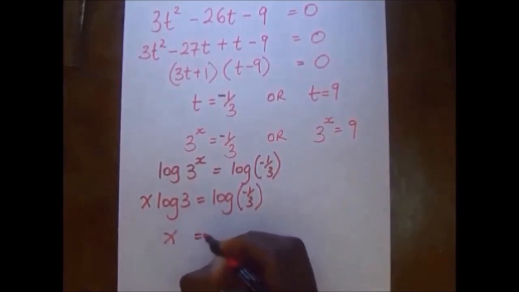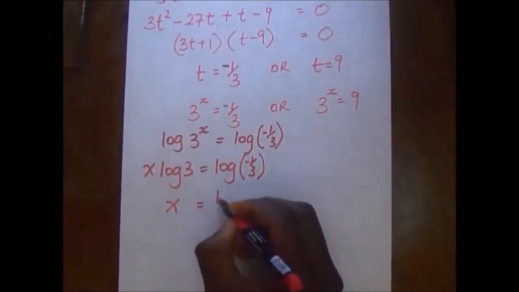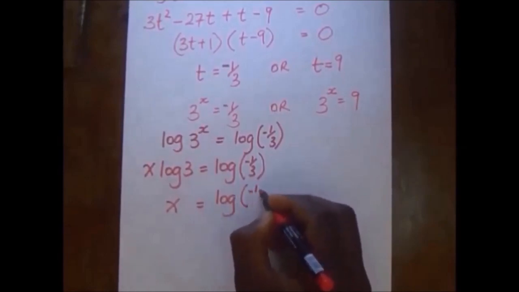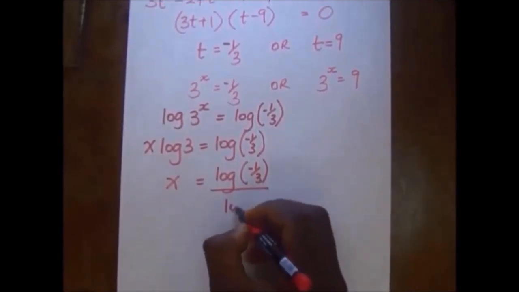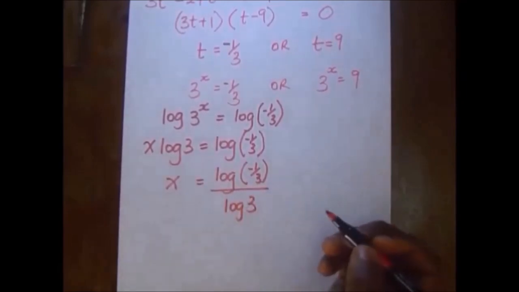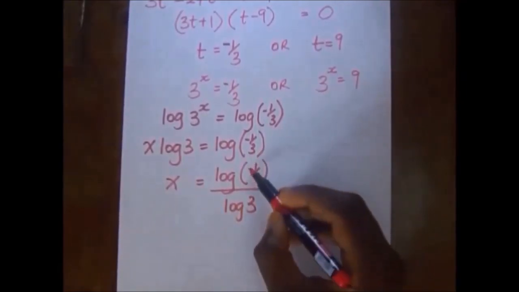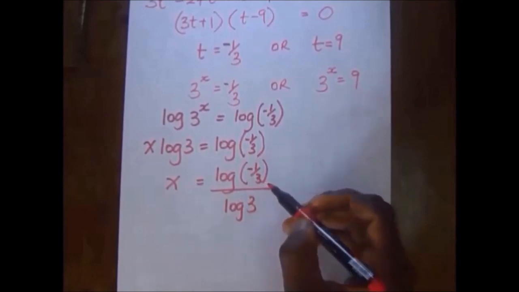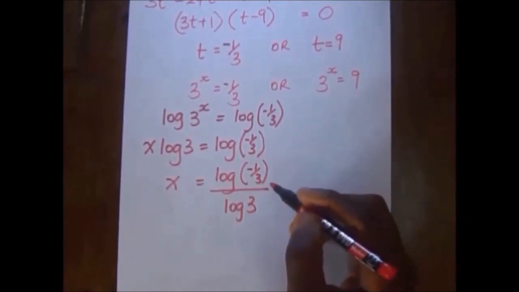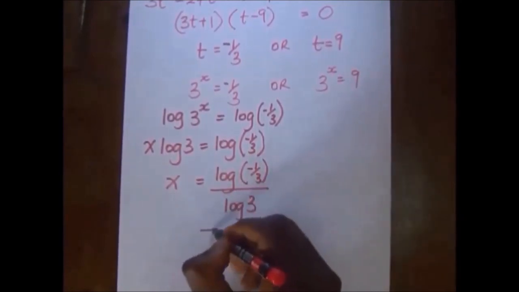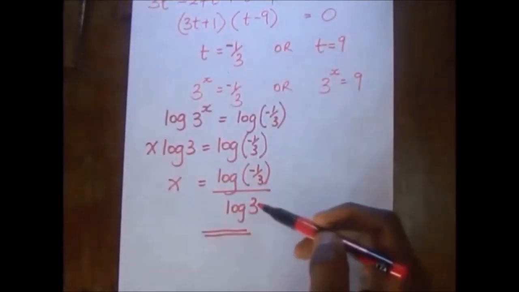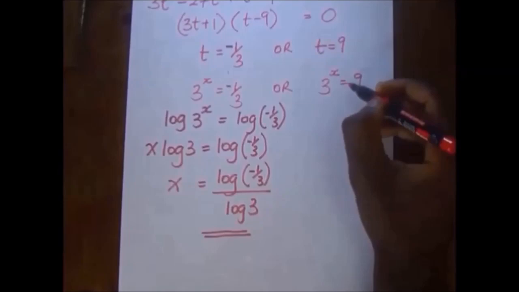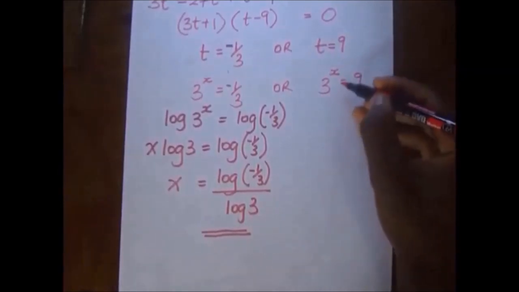So x here is going to be equal to the log of negative a third, divided by the logarithm of 3. But the log of a negative number does not exist. So because it does not exist, we shall ignore this value of x, and we consider this one. So let's go ahead and put log on both sides for this value of x.